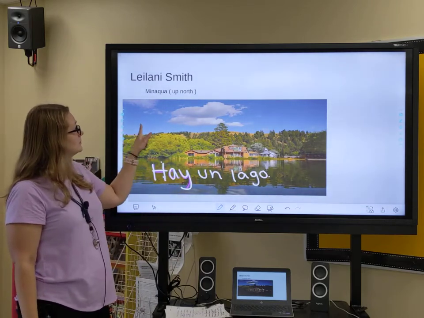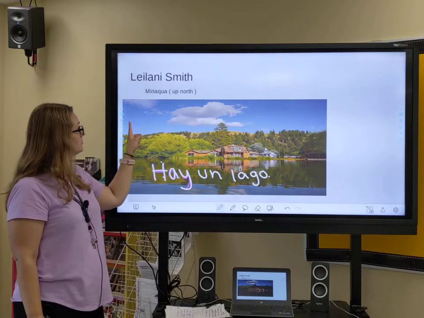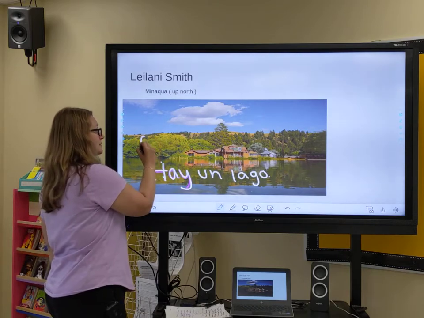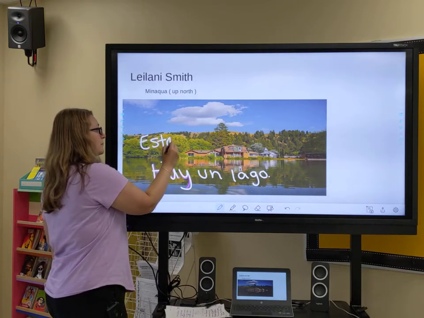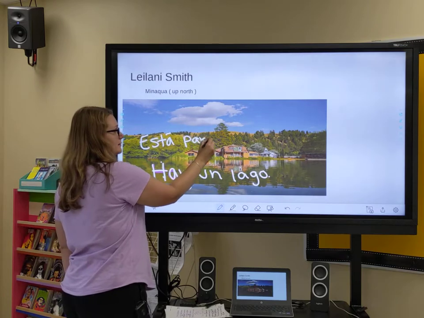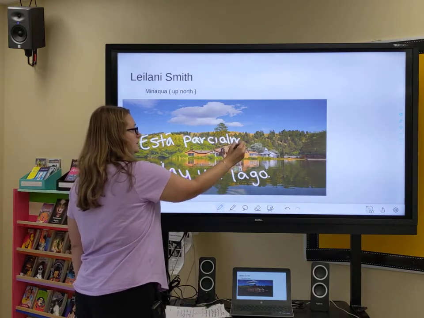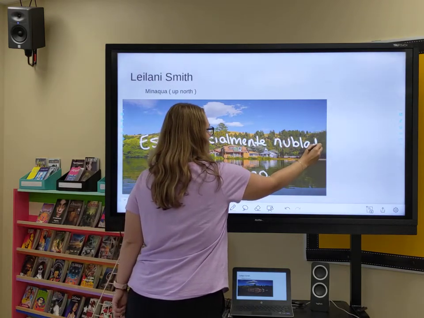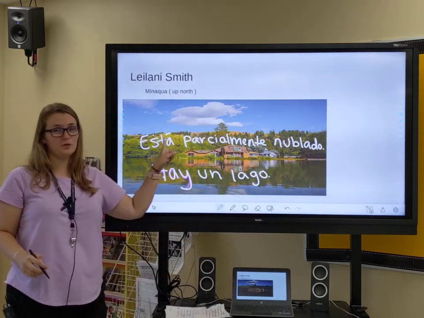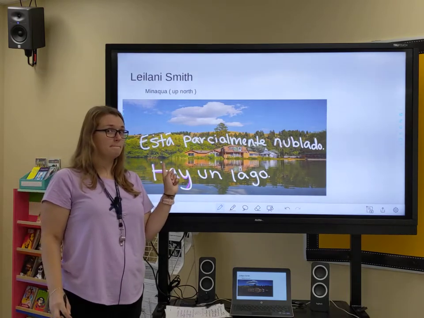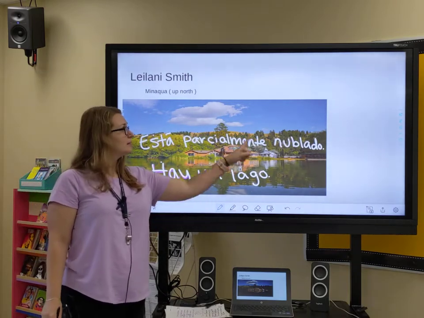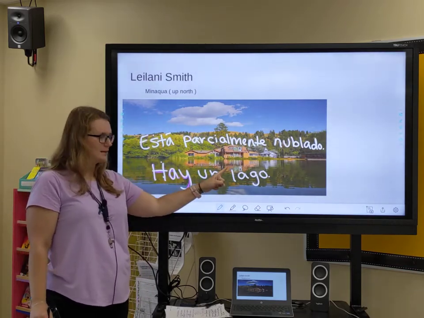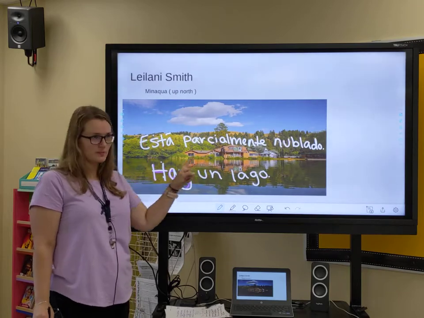Y está parcialmente nublado. Está parcialmente nublado. It's partially cloudy. So again, Leilani, sentence 1 in Spanish and English. Sentence 2 in Spanish and English.